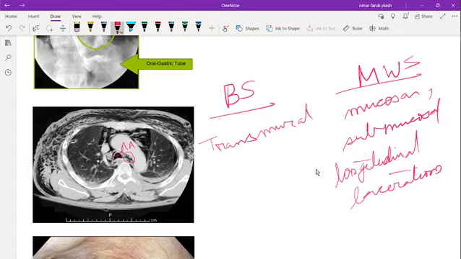And the most common causes of Mallory-Weiss tear are alcohol and bulimia nervosa.